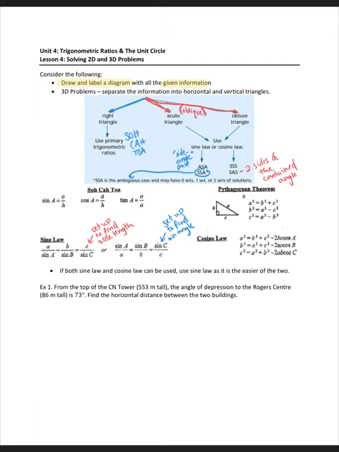So from the top of the CN Tower, which is 553 meters tall, so let's draw the CN Tower. So this is 553 meters tall. The angle of depression to the Rogers Centre, so we'll draw the Rogers Centre over here, which is 86 meters tall.